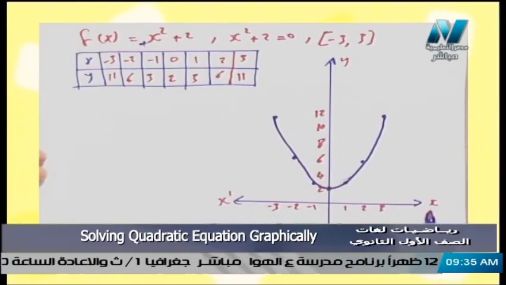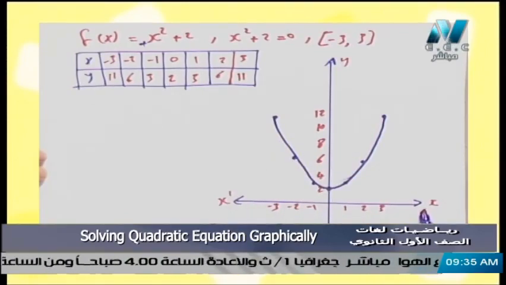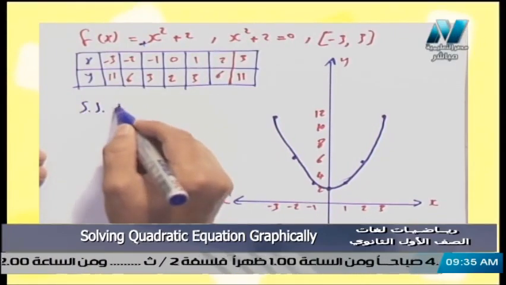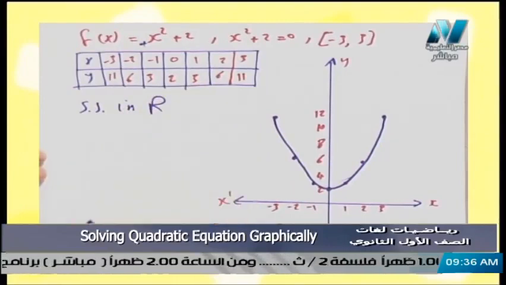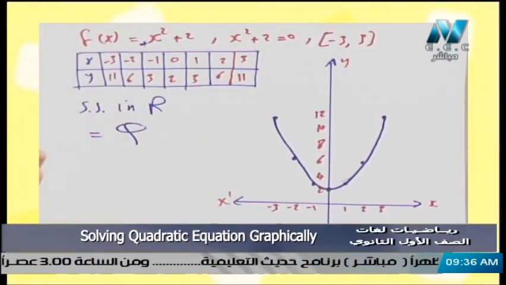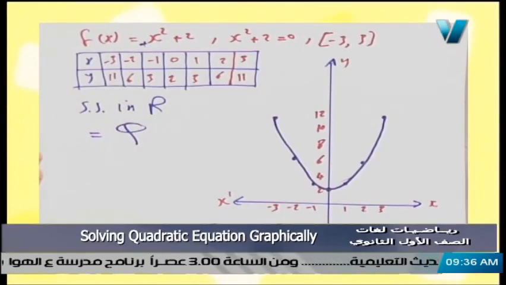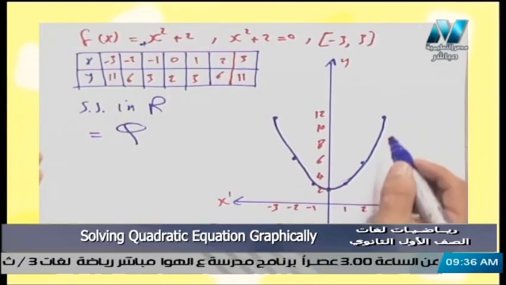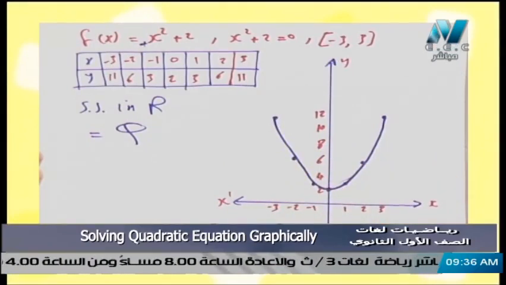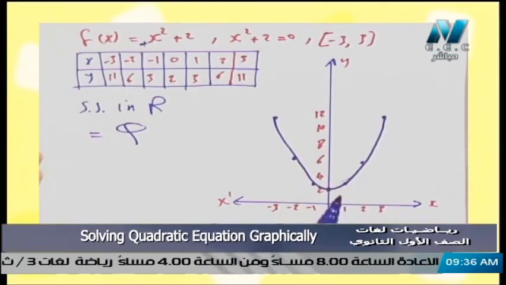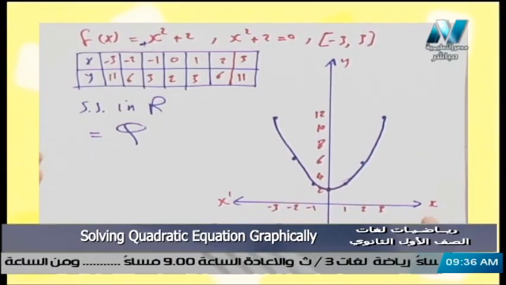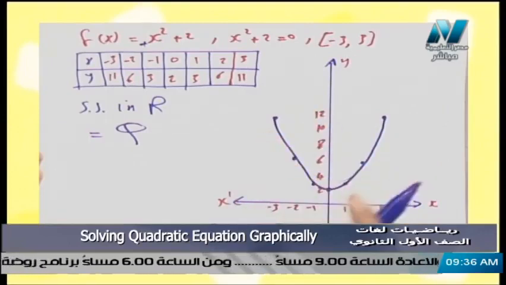We have no intersection with the x-axis. So the solution set in R, the real numbers, here equals phi. Phi is the empty set. That means that if the curve is up or even down and it doesn't intersect with the x-axis, the solution set here equals phi.